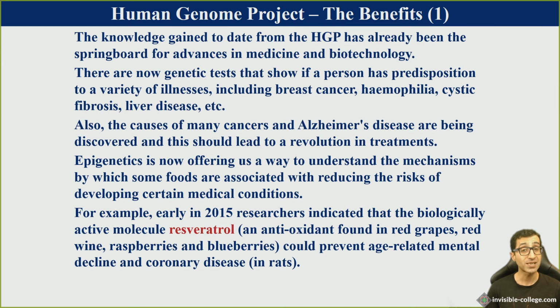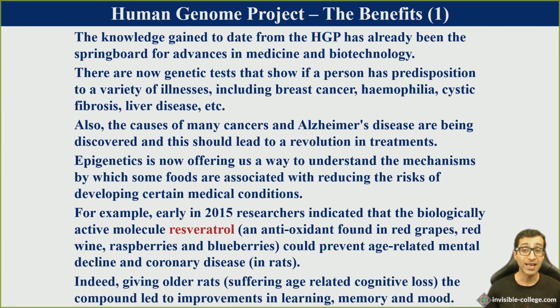And this was demonstrated fairly conclusively in rats, but of course rats are so biochemically and physiologically similar to humans that the conclusion could just as well be applied to humans, potentially. So, giving older rats suffering from age-related cognitive loss this compound resveratrol clearly led to improvements in learning, memory and mood.